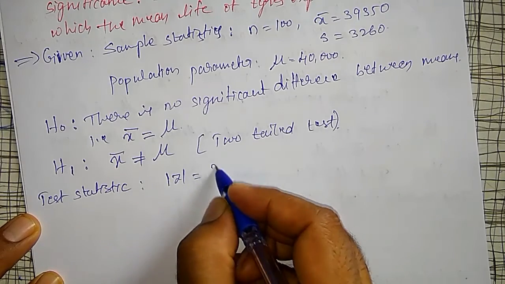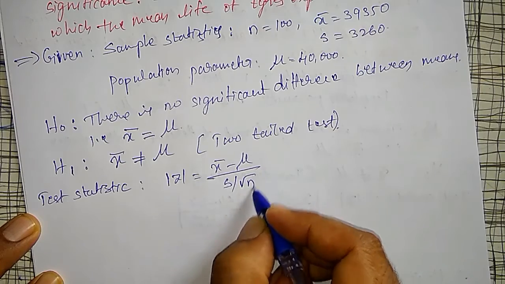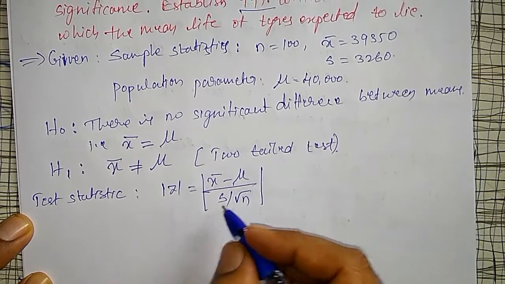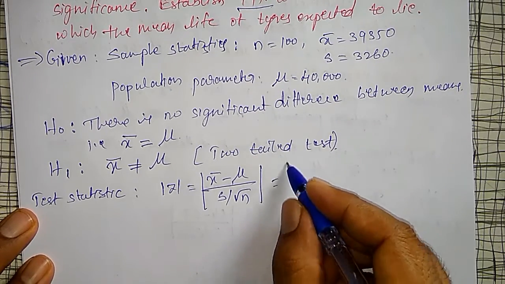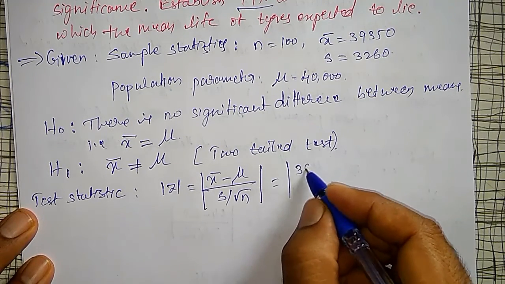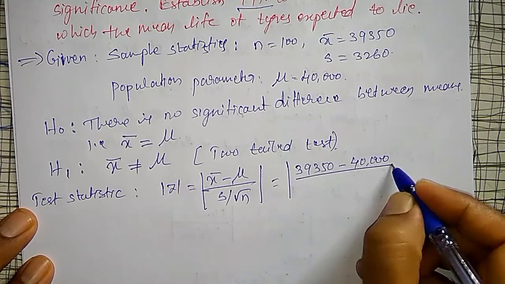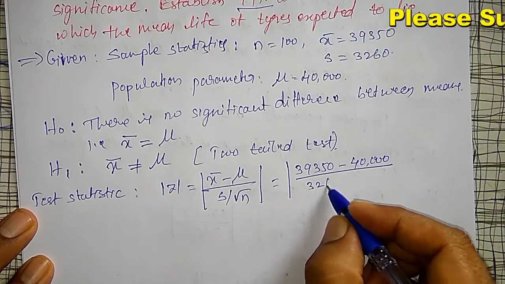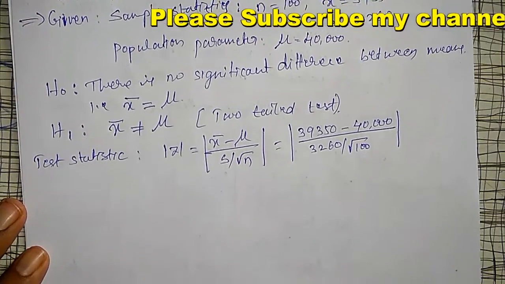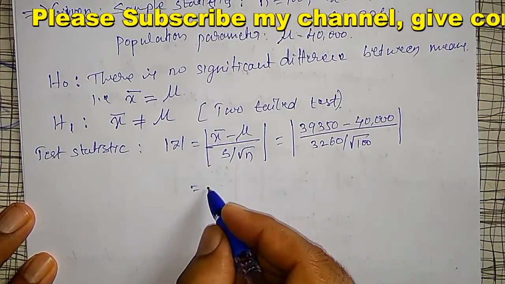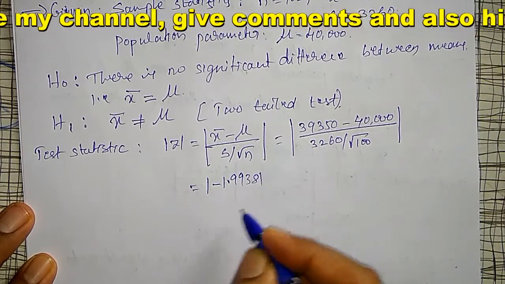Then test statistic: modulus of z will become x bar minus mu divided by s divided by root n, I will take this because the sample standard deviation is given, which is equal to 39,350 minus 40,000 divided by 3260 divided by square root of 100. If you simplify using a calculator, I am going to get modulus of minus 1.9938.